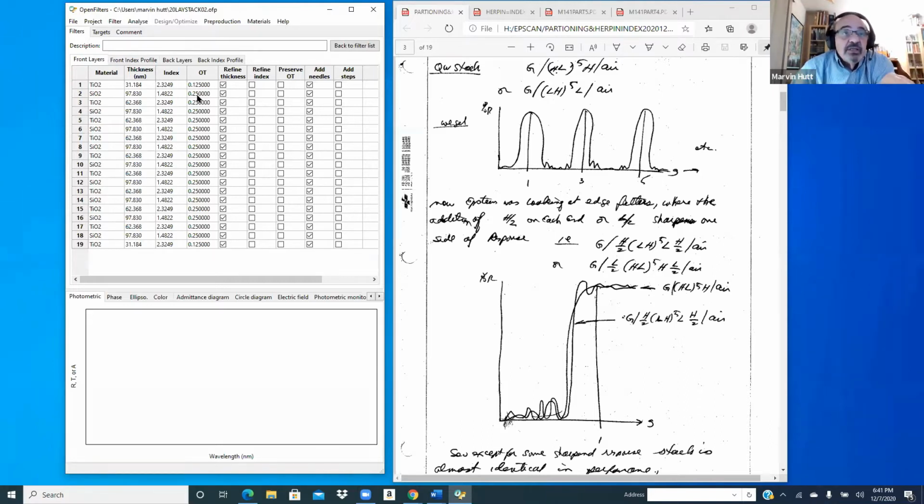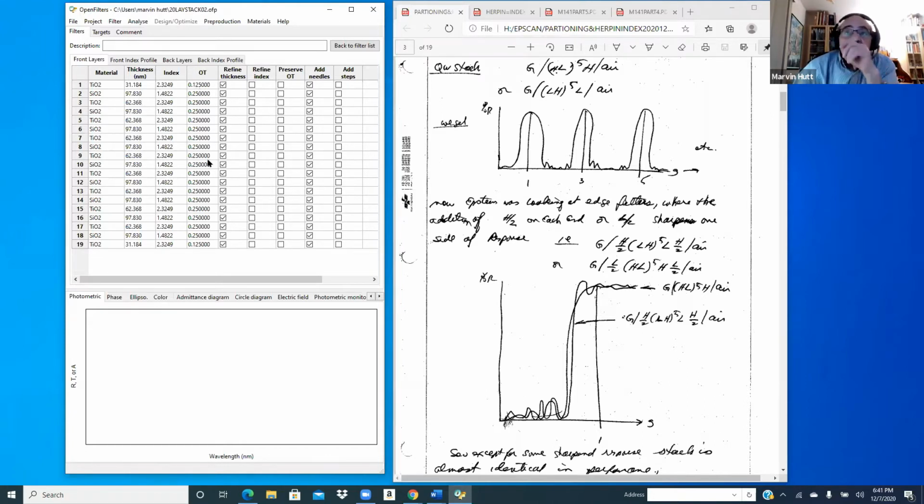Optical thickness is the index times the wavelength times the thickness, and a quarter of that is this thickness, the metric thickness of this index, quarter wave. This is an eighth. This is a quarter, this is an eighth.